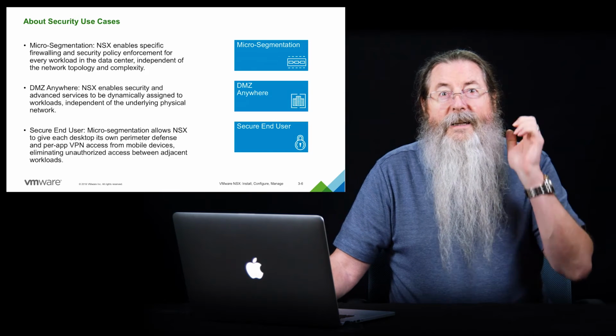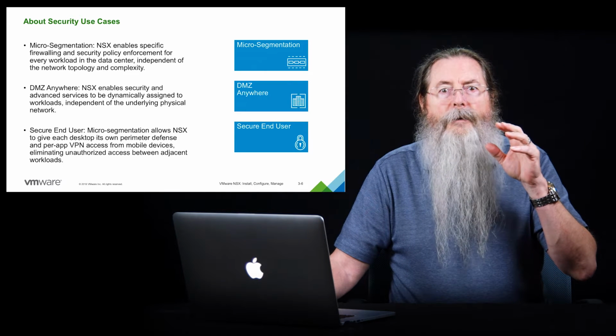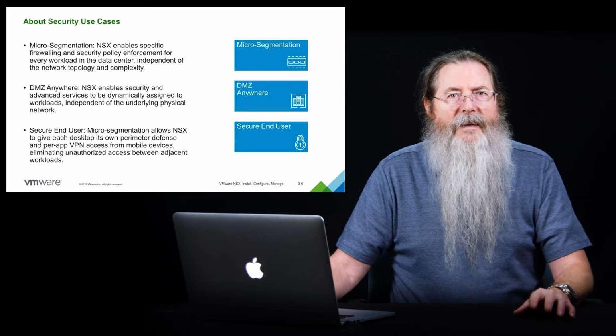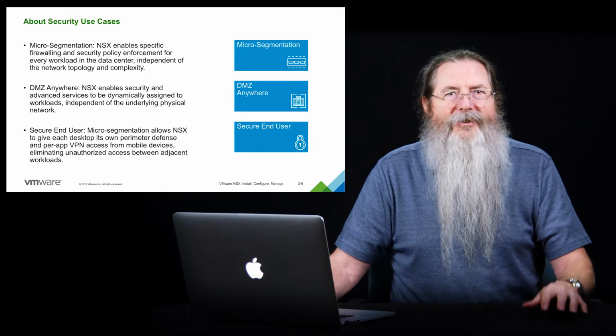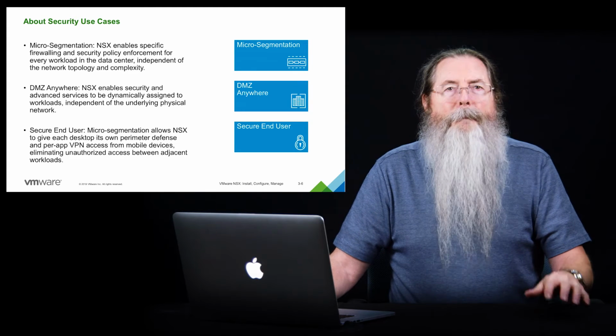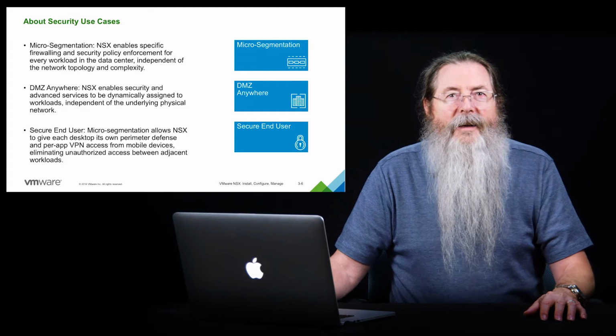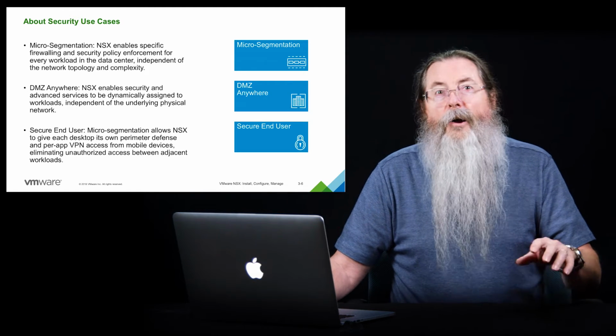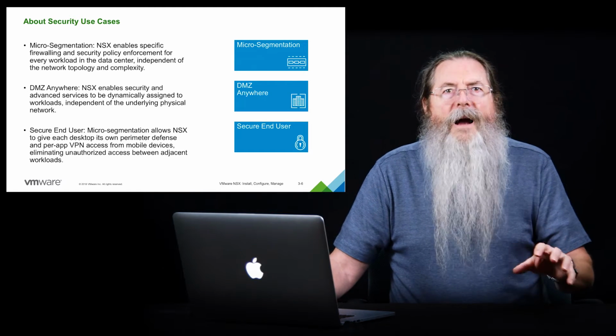And this is really something that is a major component when NSX comes to the plate, so to speak. Micro-segmentation. I know, it's kind of a keyword, it's kind of a buzzword, it's kind of a really cool thing.